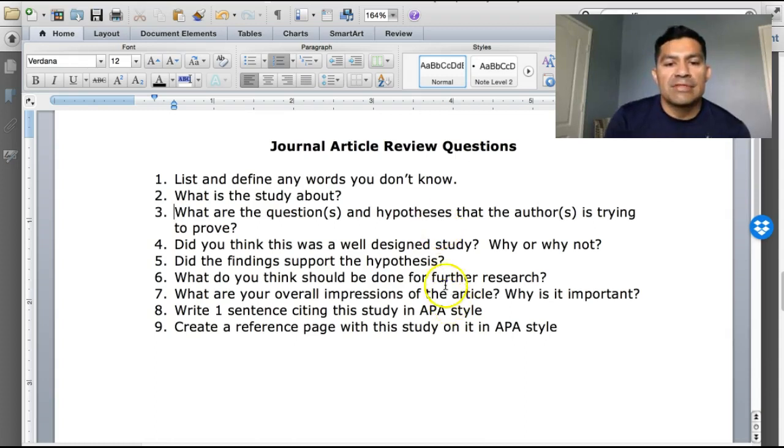So again, when you answer that question about did the findings support the hypothesis, you have to go back to that introduction section and read the hypothesis, and then look at the information you found in the results section and part of the discussion section, and then they'll usually explicitly say like, yeah, we were able to prove our hypothesis, or no, there was not enough evidence to support our hypothesis. So that's what you want to report in your own words.